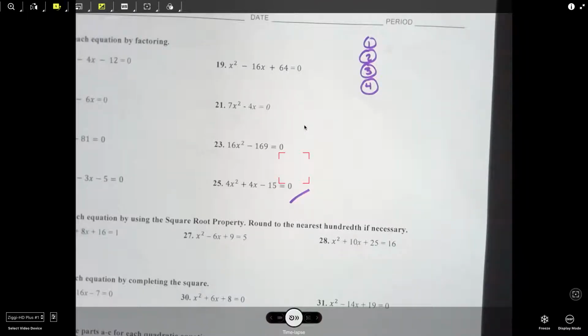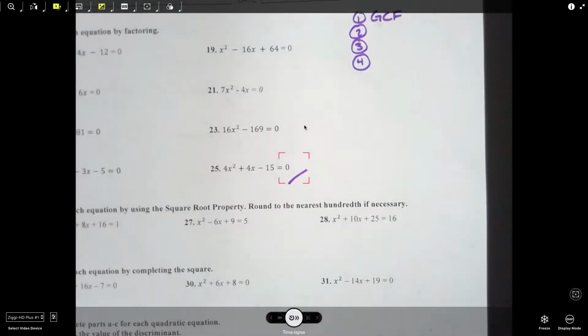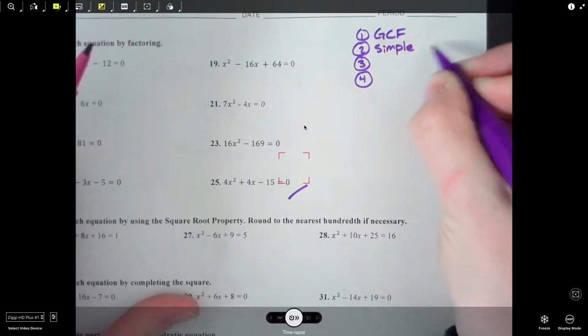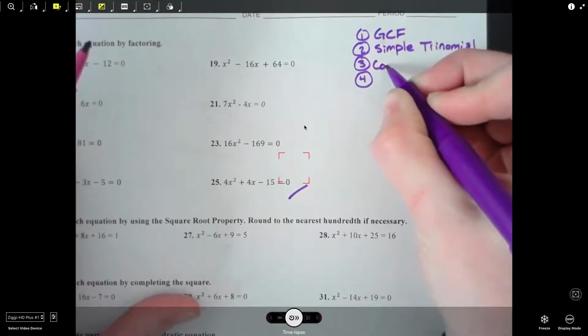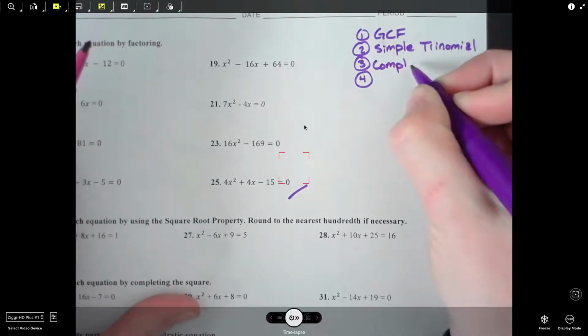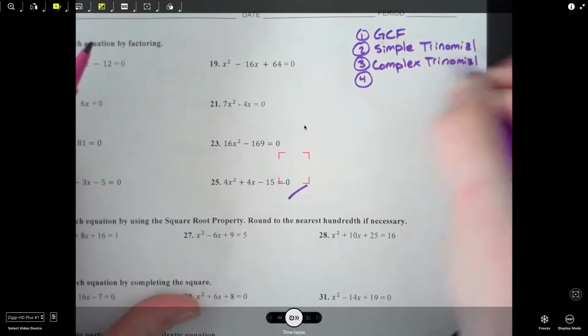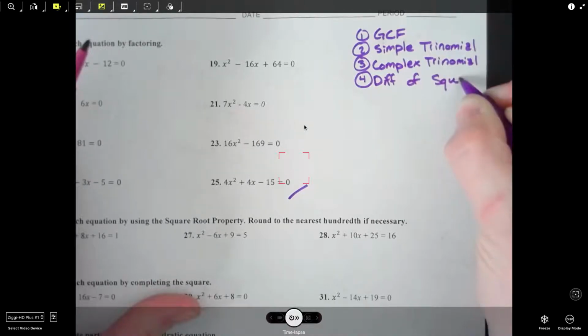Greatest common factor, simple trinomial, complex trinomial, and difference of squares.